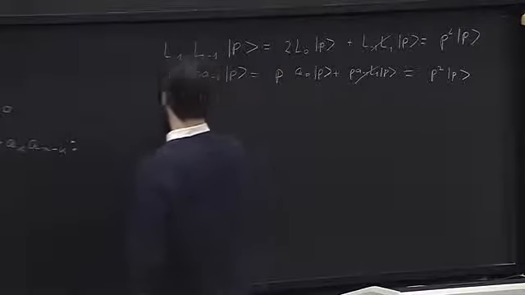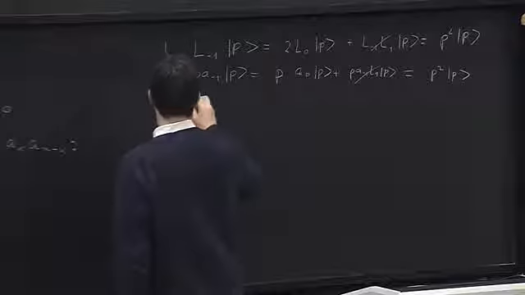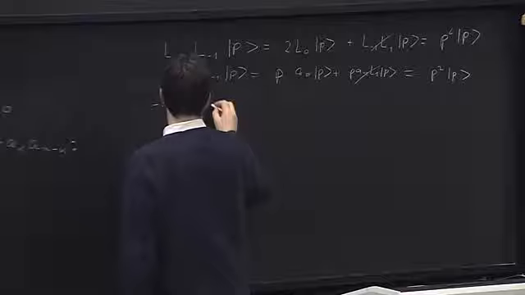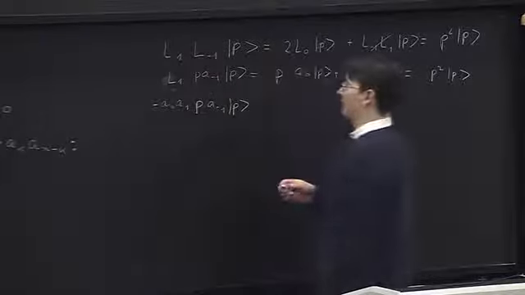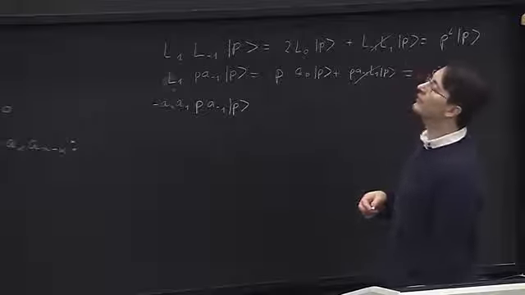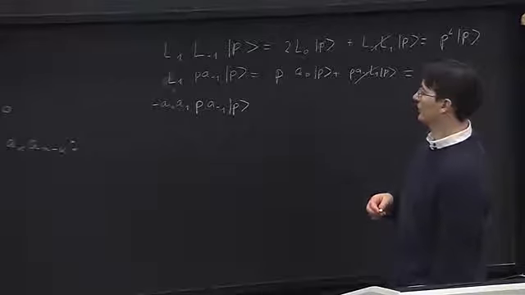So I get something like A0, A1, acting on this, and then, let me see. I hope I'm not mistaken.